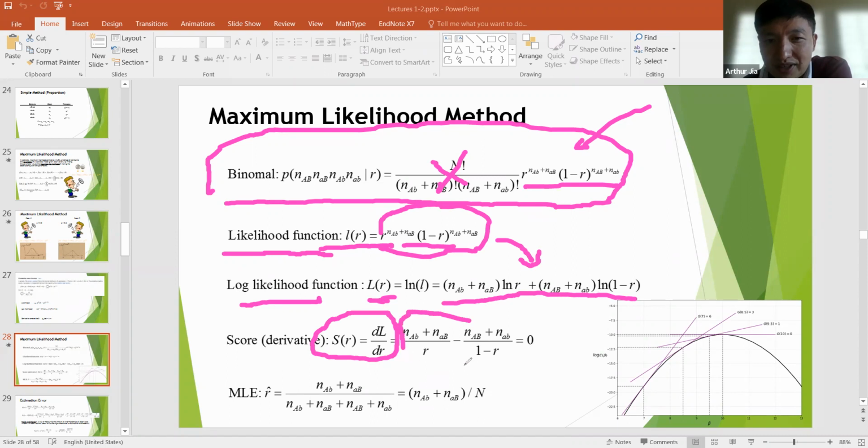That's very simple, right? Then if you solve this equation, you can get the MLE. So I will give you a simple question, and you have to follow something like this to derive a simple MLE.